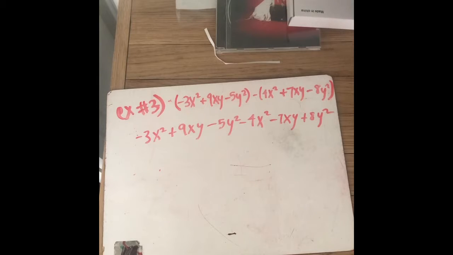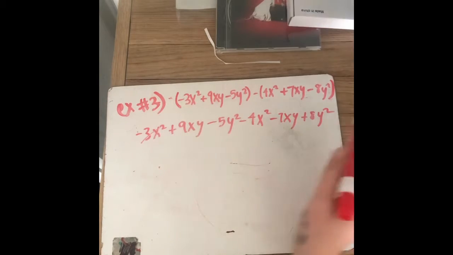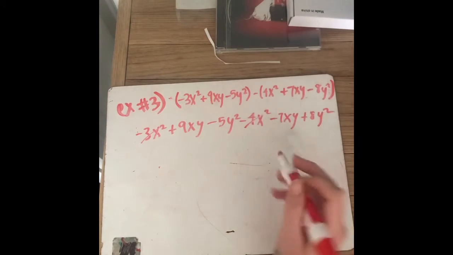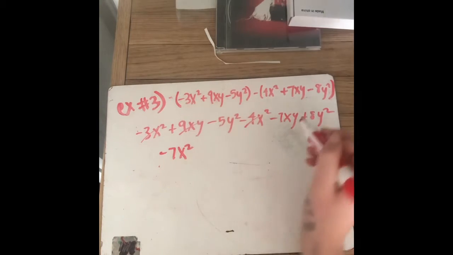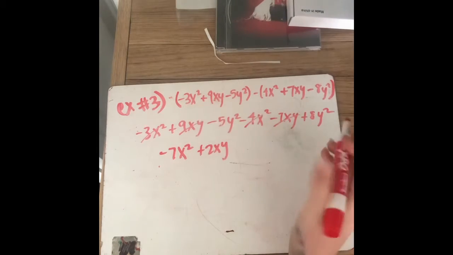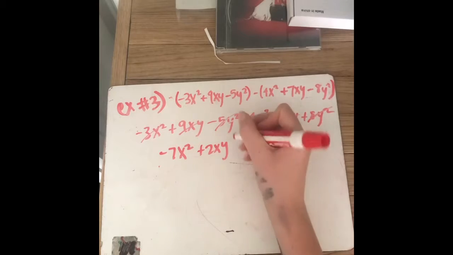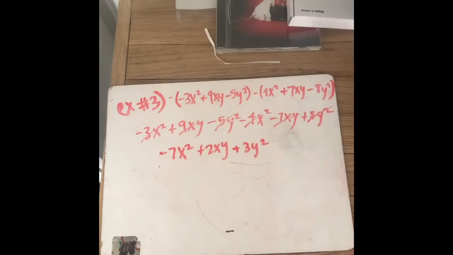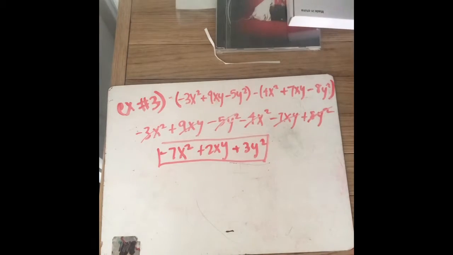And then you're going to combine your like terms. I like to cross out so I can remember. Negative 7x squared, xy plus 2xy, negative 5 plus 8 plus 3y squared. So that would be your final answer for this problem.